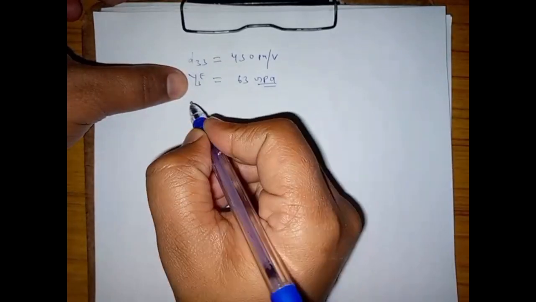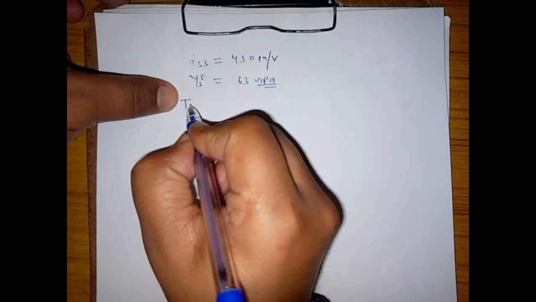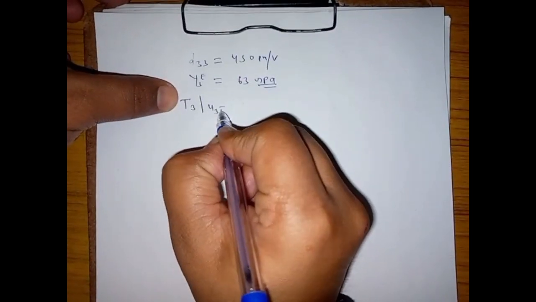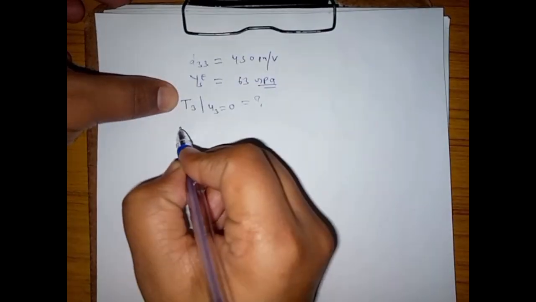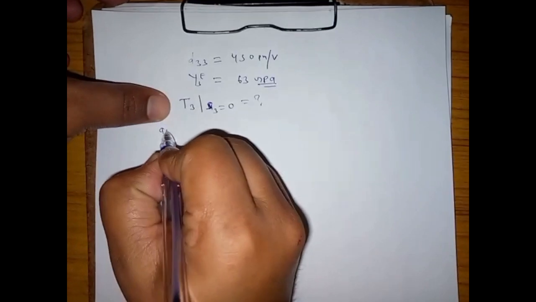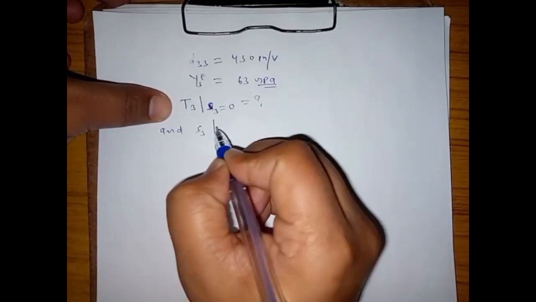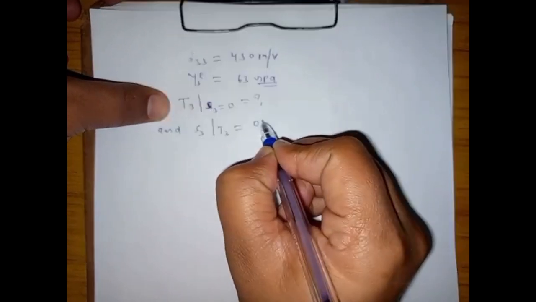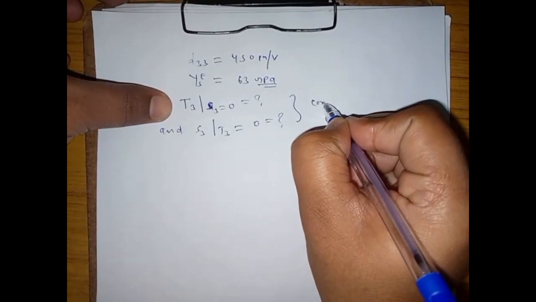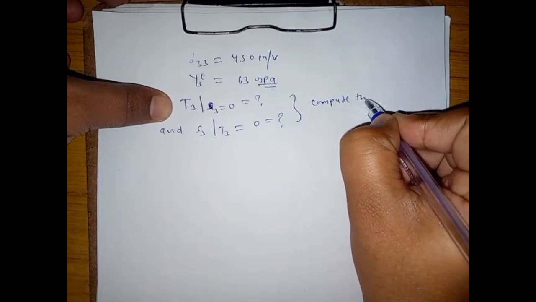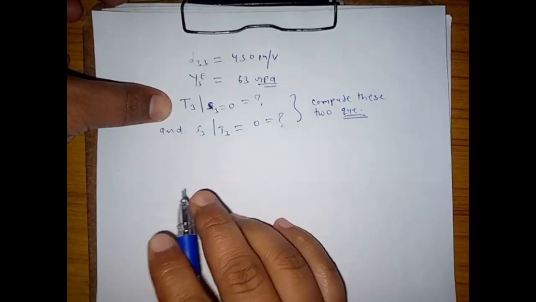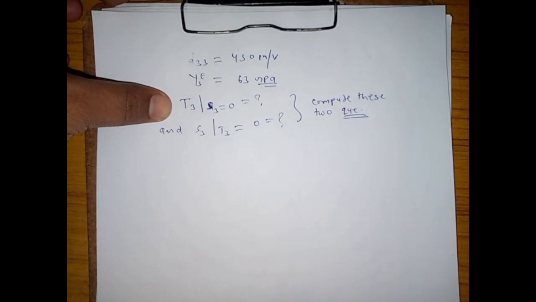So we have to compute the block stress, that is T3 when S3 is equal to 0, and S3 when T3 is equal to 0, right? So we have to compute these two quantities.